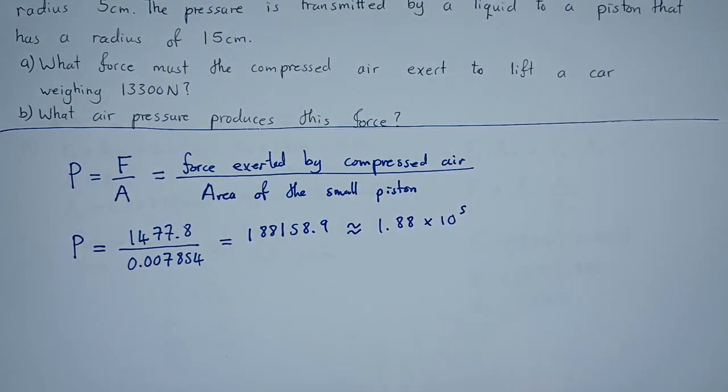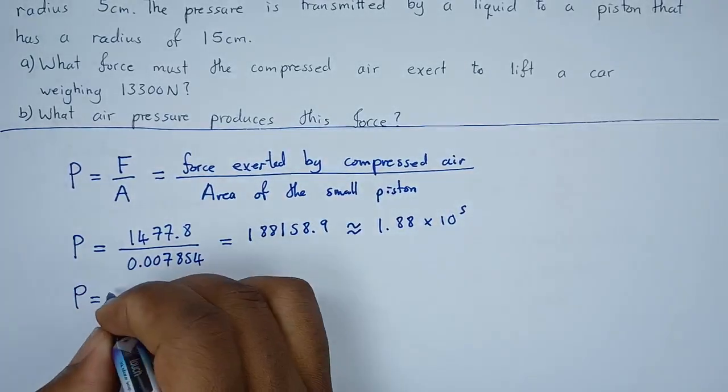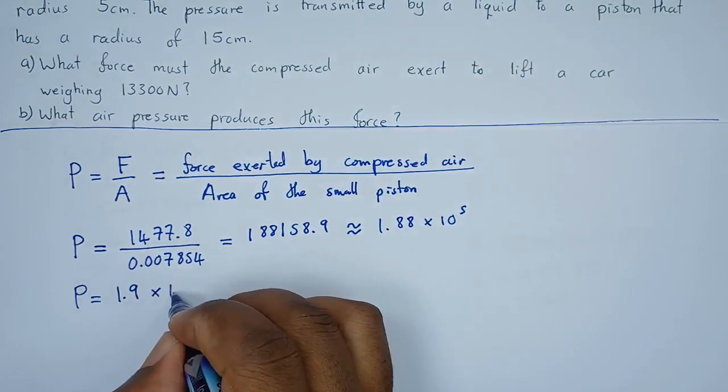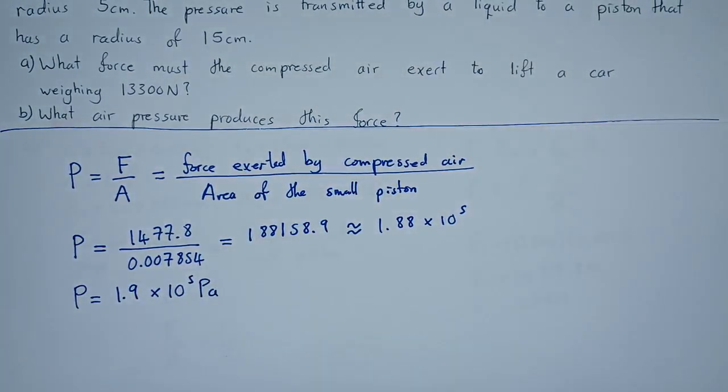I think it's okay to have it as 1.9 times 10 to the power 5 pascals. So that's our pressure. Hence, the required air pressure to lift the car is 1.9 times 10 to the power 5 pascals.